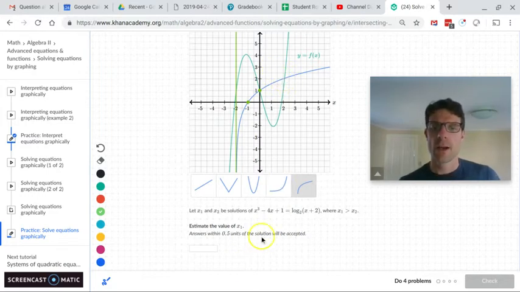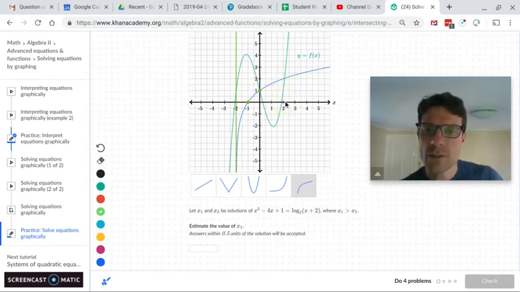Now, you notice that there are two solutions. They only want one of them, and they want the solution x1 where x1 is greater than x2, which is just a fancy math way of saying I want the bigger of the two solutions. So that's going to happen here, of course. And we think, what's the x value here that makes these two have the same y value, or become equal?